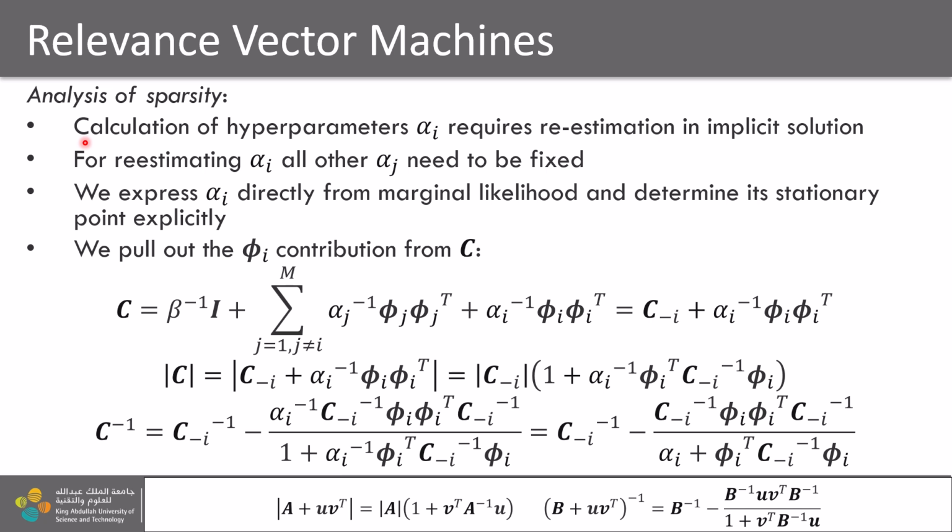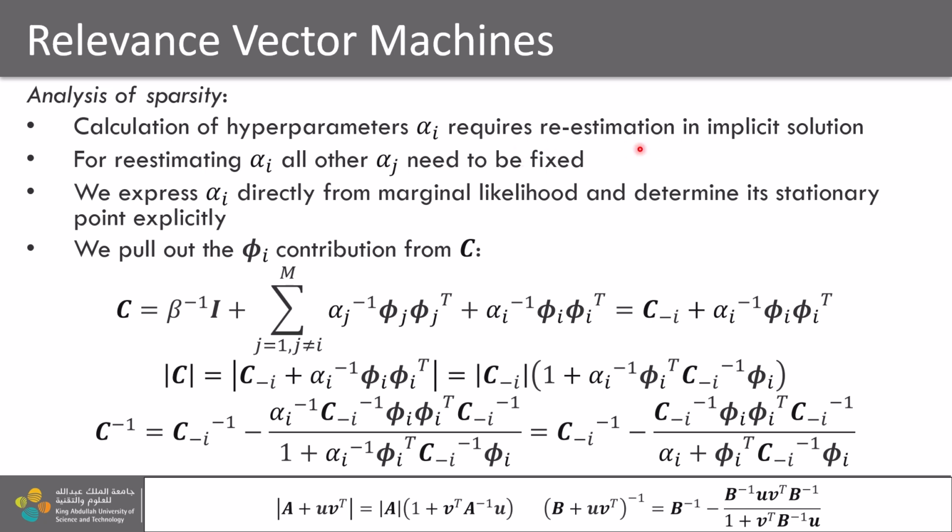So with our previous definition of how we were calculating our alphas, the hyperparameters alpha require re-estimation in an implicit solution, where on both sides of the equation we in fact have this alpha, because the gamma is also including the alpha in its definition, and therefore we need to perform this re-estimation.